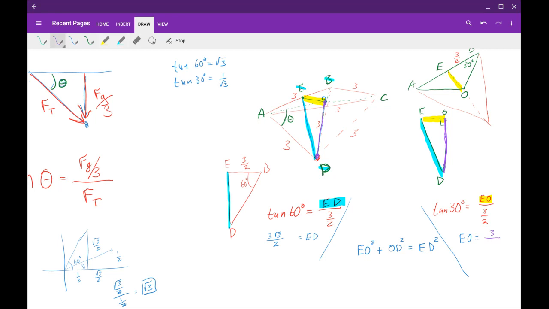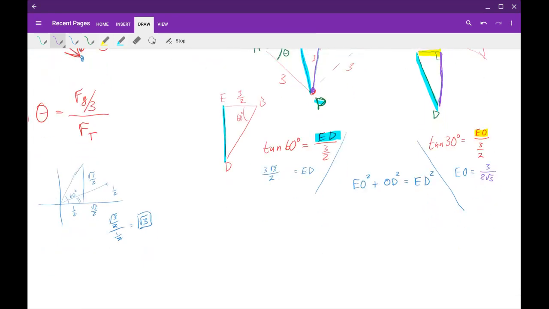I'm going to write 2 root 3. So that's that one there. Now, those are the ones, EO and ED. Those guys get placed here. So EO is 3 over 2 root 3, squared, plus OD squared equals ED, which is 3 root 3 over 2 squared as well.